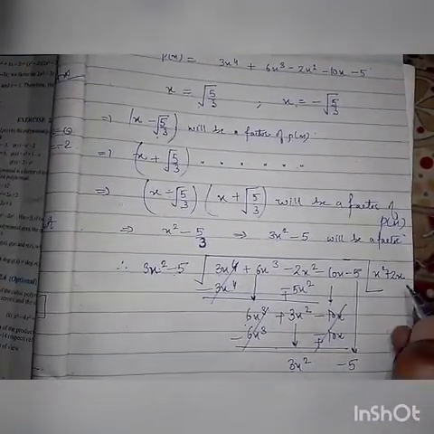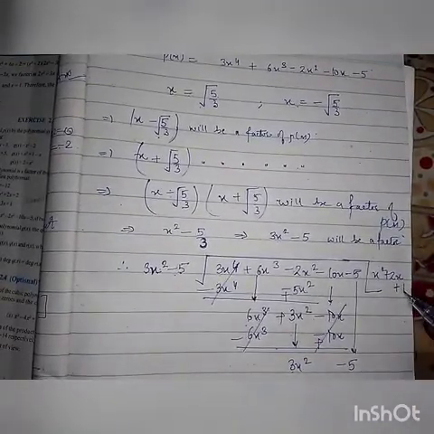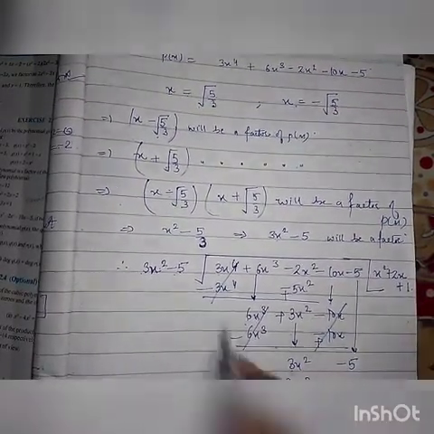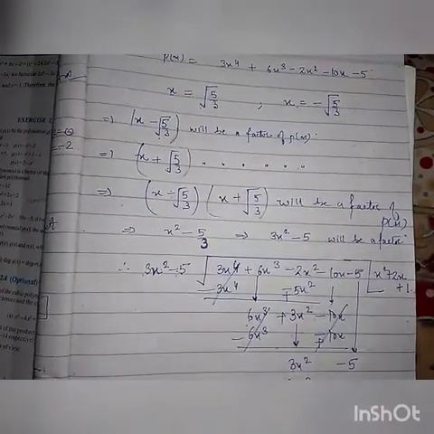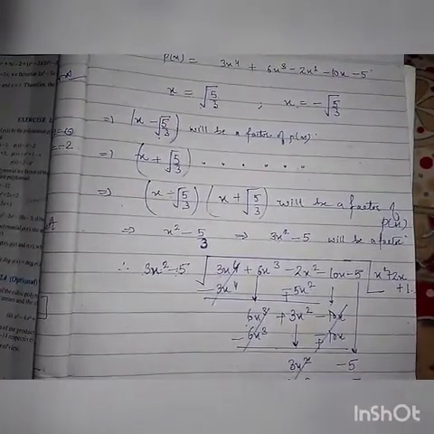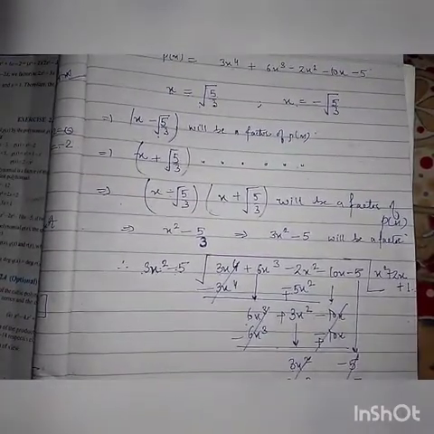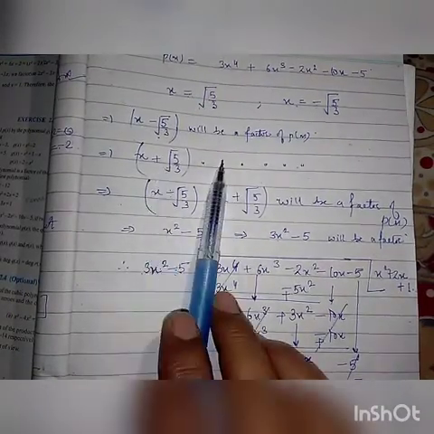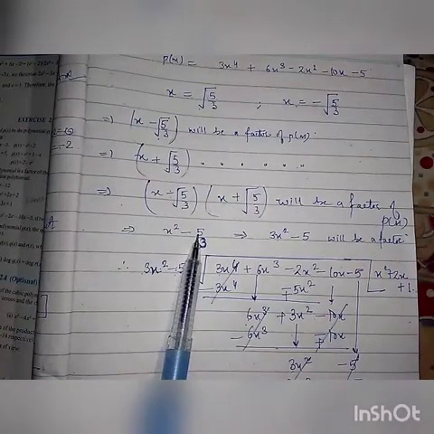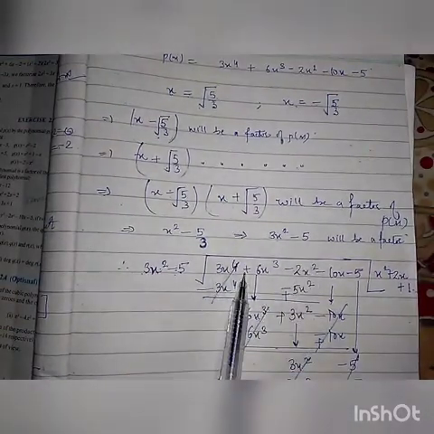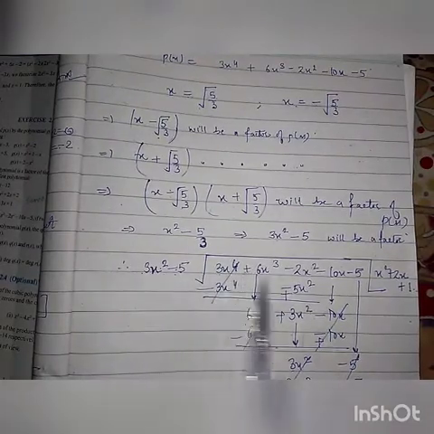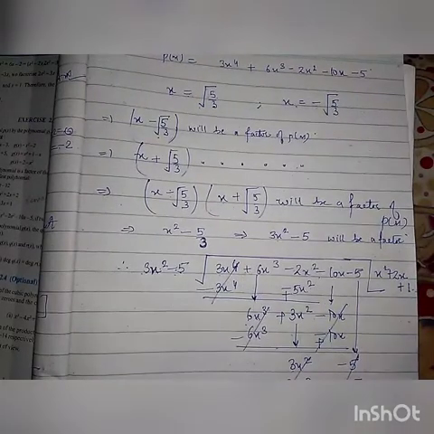So what is required over here? Plus 1, because 3x square into 1 will give you 3x square, minus 5 into plus 1 will give you minus 5. So cancel out, cancel out. So the remainder is 0. Are you getting the point here? We have proved that the product of two factors will also be a factor of the given polynomial. If this is a factor of the polynomial, then it must divide it exactly, meaning the remainder will be 0.